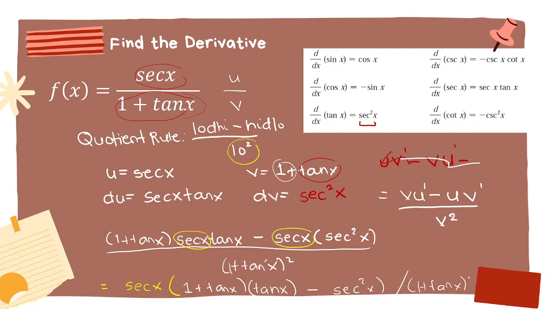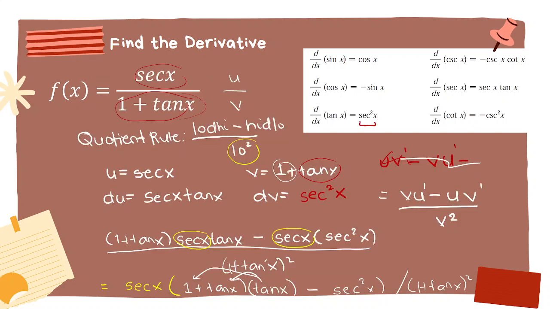Sir, pwede yung tangtangin ko yung sa kabila? Pwede rin ba yun? Secant x, tan times tan x, oo, pwede din minus yun. I-distribute mo si tan x, di ba?